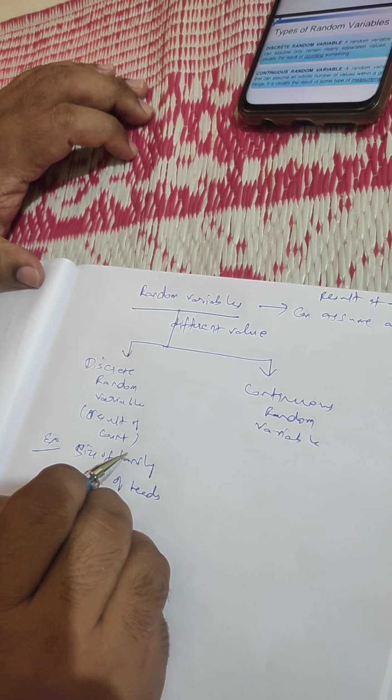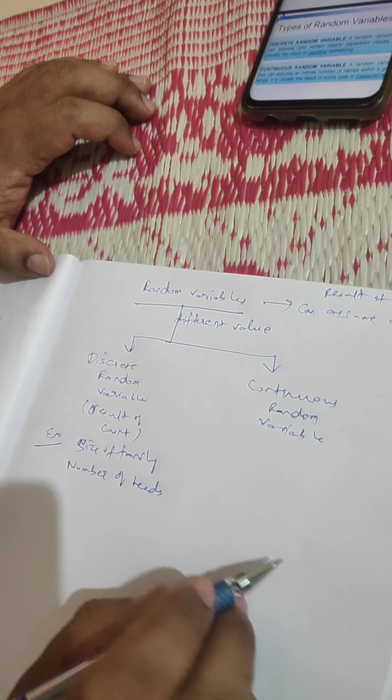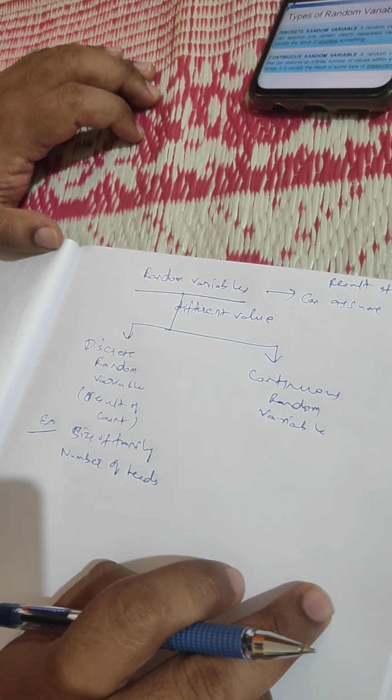Anything which is a count, like number of heads, number of counts, or size of family, is a discrete random variable.